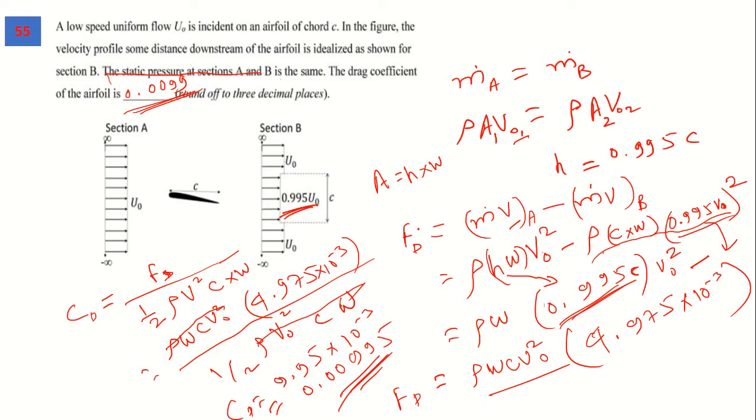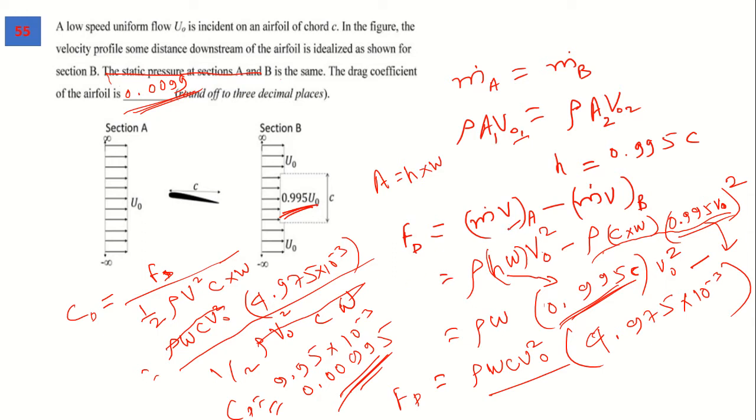So now we will equate the drag force as equal to mass flow rate into V at A minus mass flow rate into V at B.